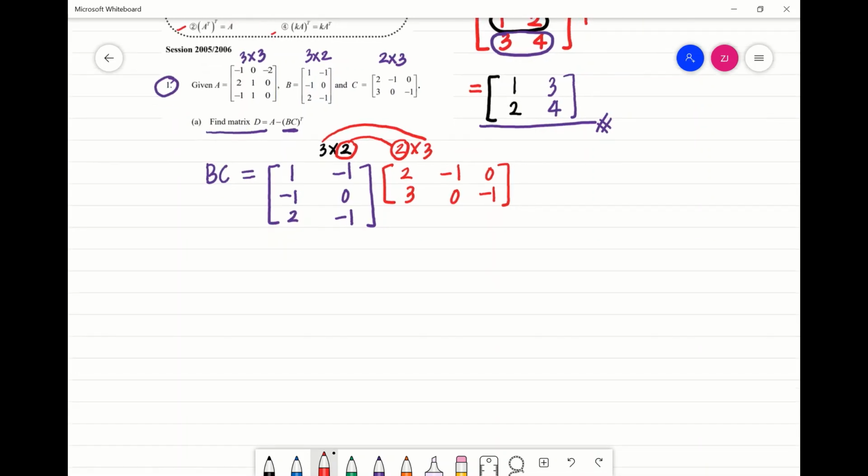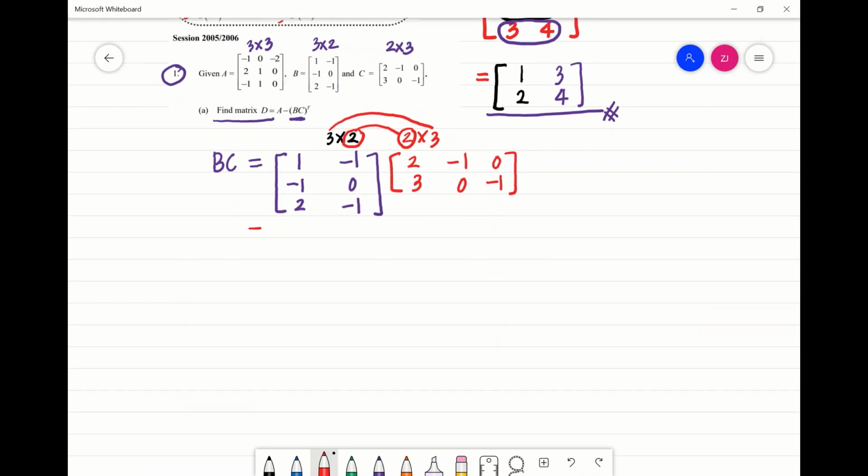So now let's do this. Again, matrix multiplication is by multiplying the rows of the first matrix by the columns of the second matrix. So what does it mean? We're going to multiply the row with this column.